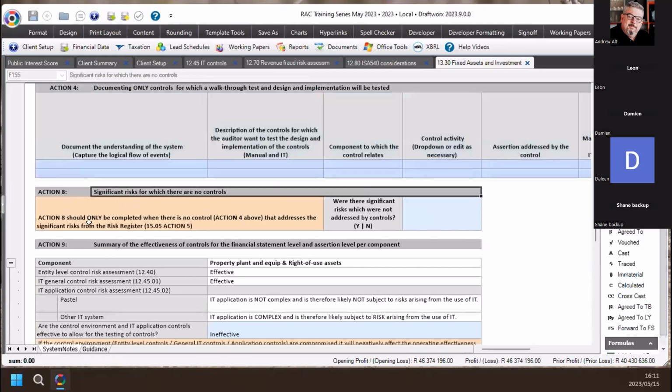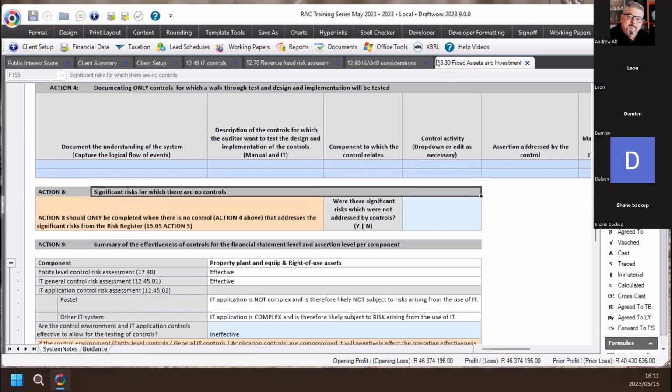Now, there is a bit of a circular process that happens between section 13 and section 15, which we'll get to next week. You might identify a significant risk related to PPE. And then you'll see, hang on, but I haven't actually identified any controls for that component, that assertion.